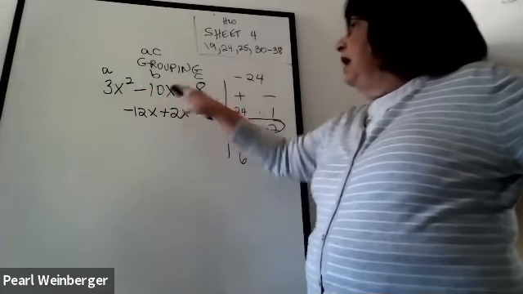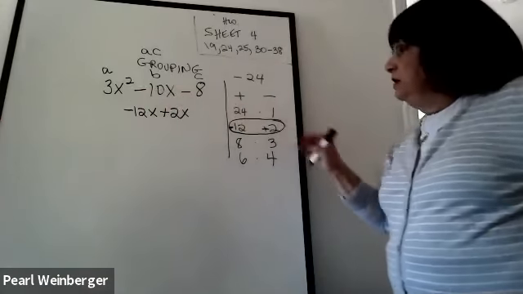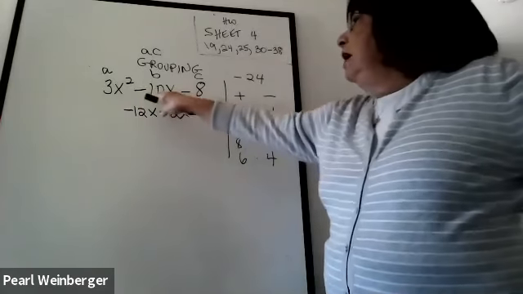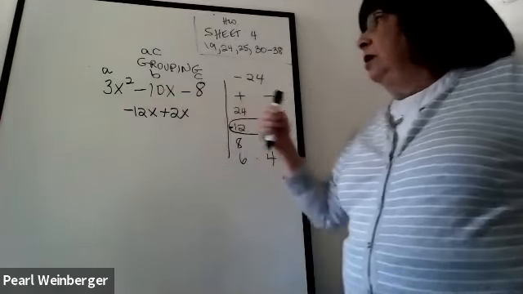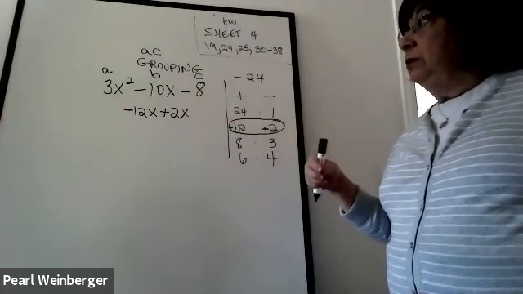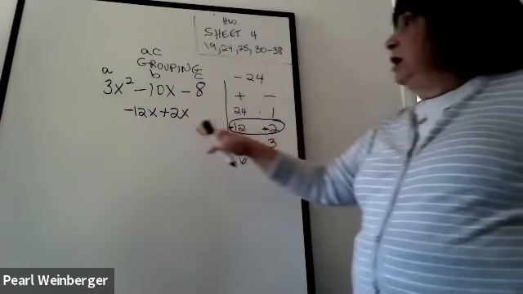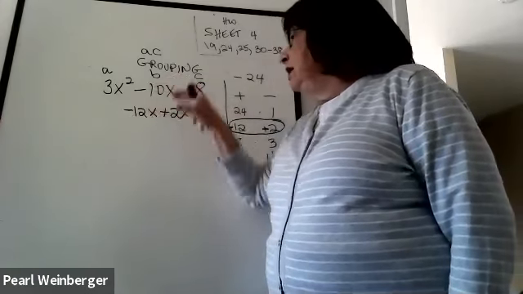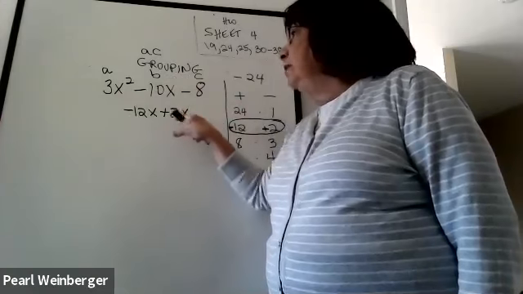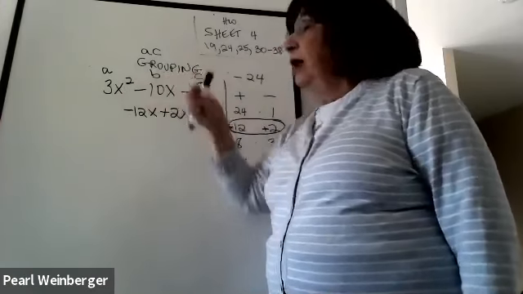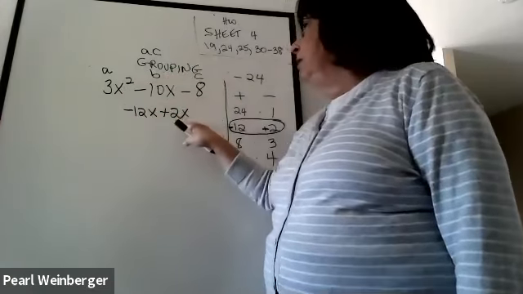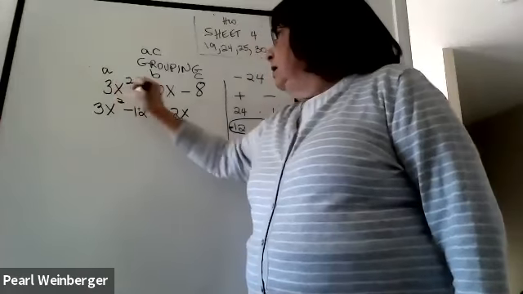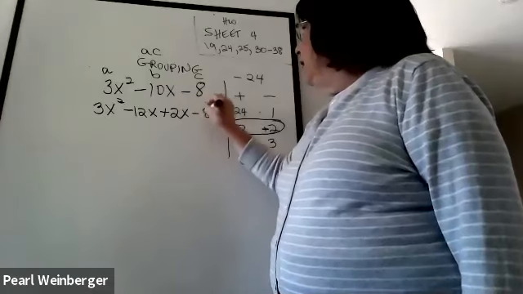In other words, I use this AC system to figure out how to break up the middle term into two terms. Obviously negative 12x plus 2x is negative 10x, but I want them separate, not together as a single term. And I leave the 3x squared, and I leave the negative 8.